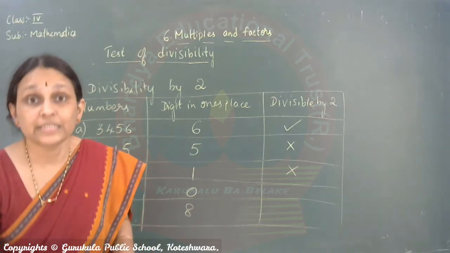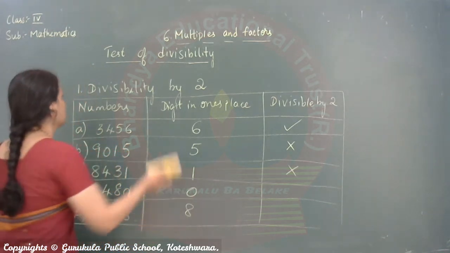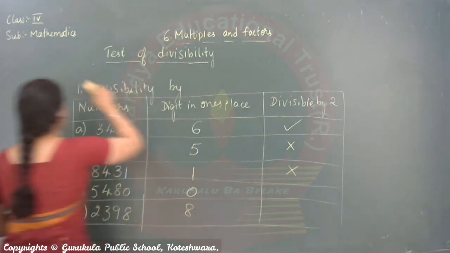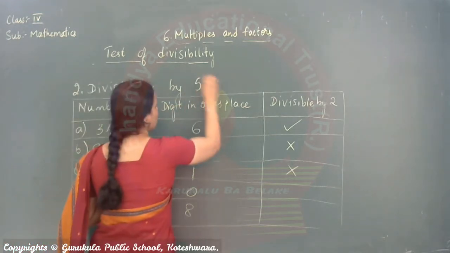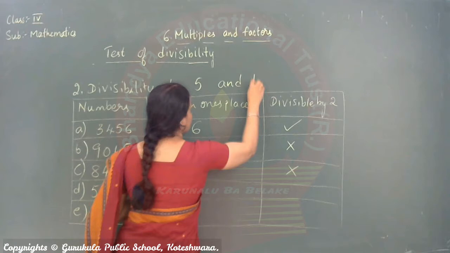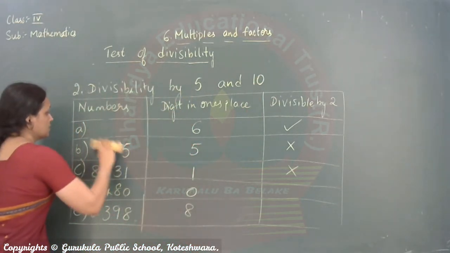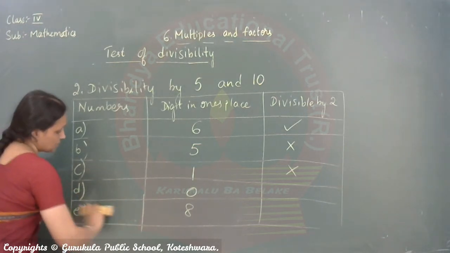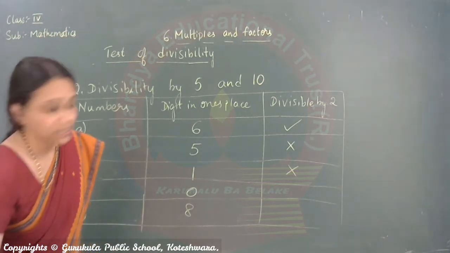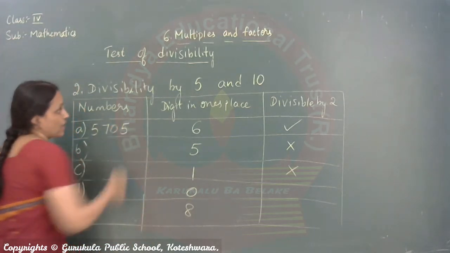Okay. Now, let us go on to divisibility by 5 and 10. Second question. Divisibility by 5 and 10. Yes. Now, numbers are changing. Take down the numbers. First number is 5705.